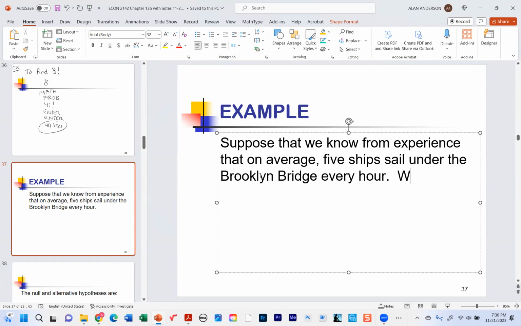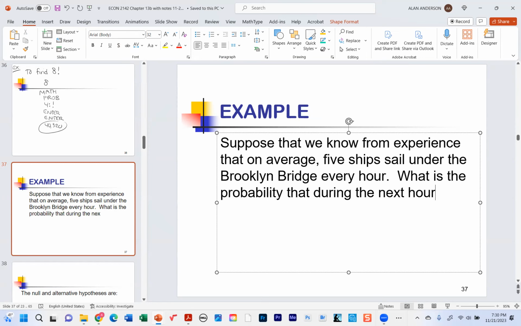Okay, what is the probability that during the next hour there will be four ships sailing under the Brooklyn Bridge?